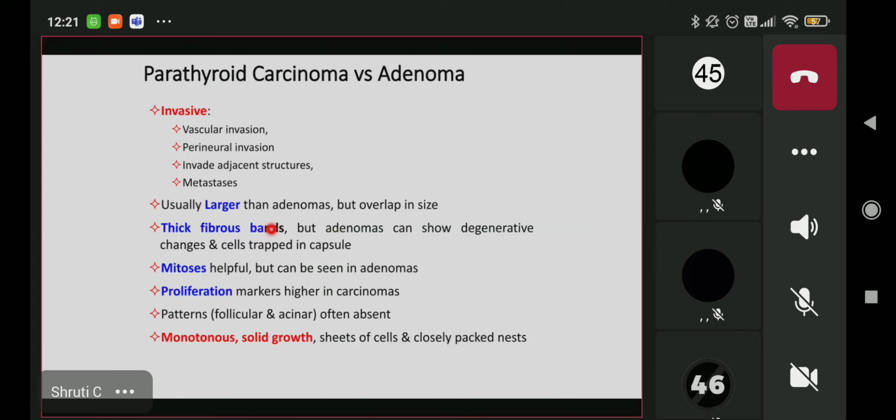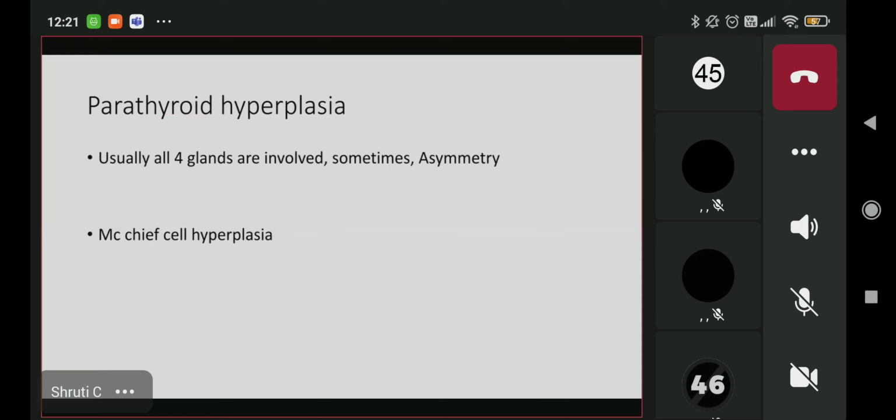And usually in adenomas, you can see patterns like acinar or glandular pattern, but in the carcinomas, they will usually be monotonous solid growths or sheets of cells packed as closed nests. Okay. And in parathyroid hyperplasia, usually all 4 glands are involved, but again, sometimes asymmetry can be seen.